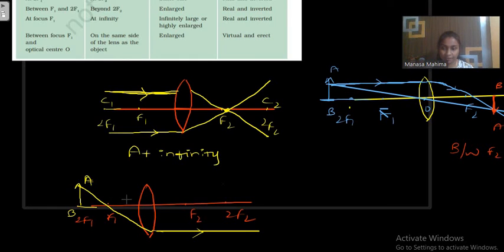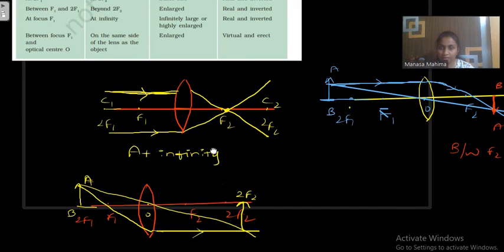And one more ray I will consider, that is passing through the optic center. And these two rays are meeting somewhere here at 2F2. It is meeting at 2F2. Okay, so we can take that the image is formed there.